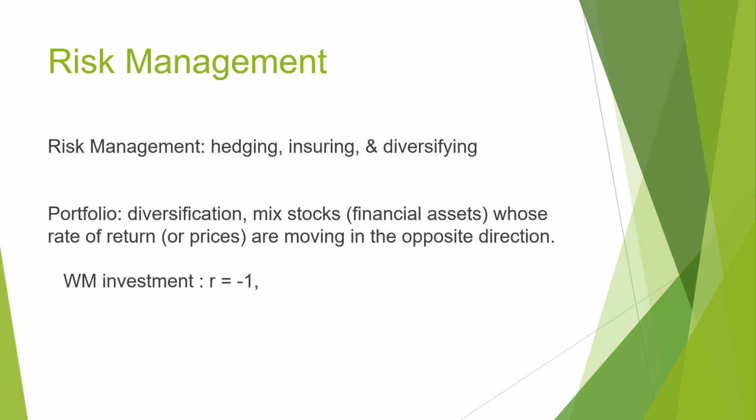Now, hedging, insuring, diversifying are good methods of risk management. To diversify a portfolio is to mix stocks or bonds whose rates of return are moving in some opposite direction, even if it is not exactly opposite. Your textbook shows a good example of this diversification, which is called WM investment.